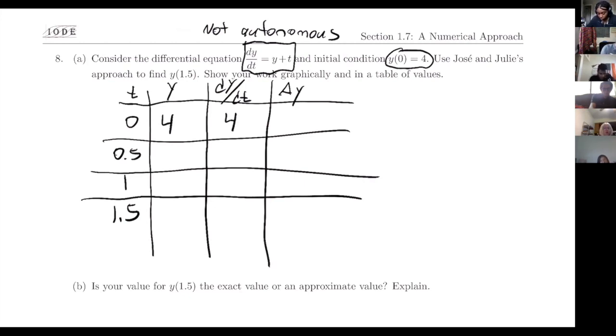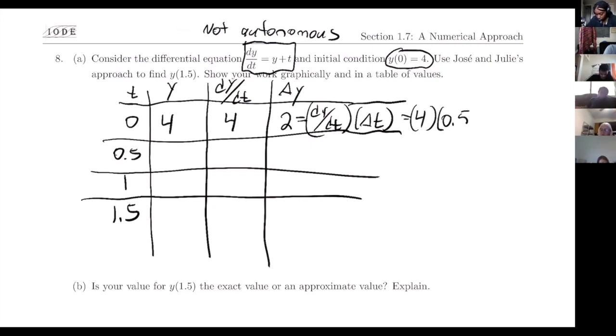And therefore, what's the approximate jump in y? 2. That equals the derivative dy/dt times what we chose as the change in time. So we take the derivative, which is 4, and multiply it by delta t, which is 1/2. At this stage, y is going to increase by approximately 2 units.